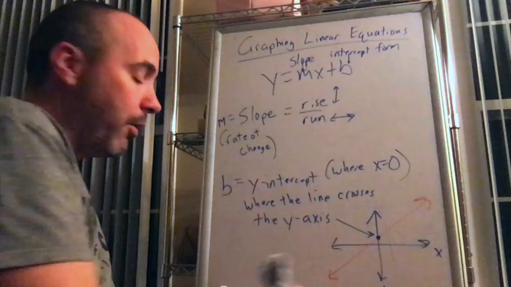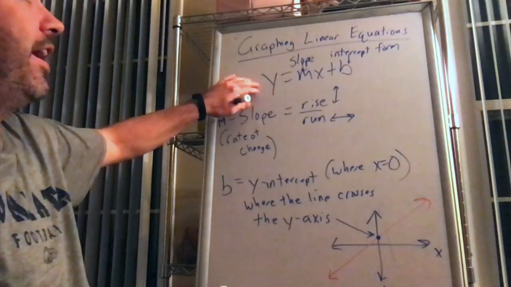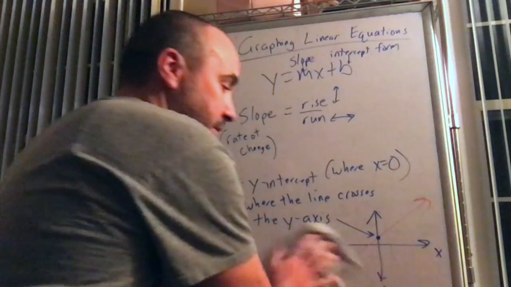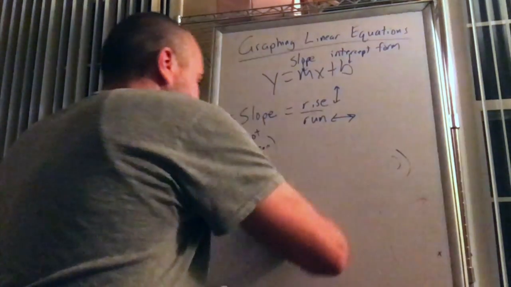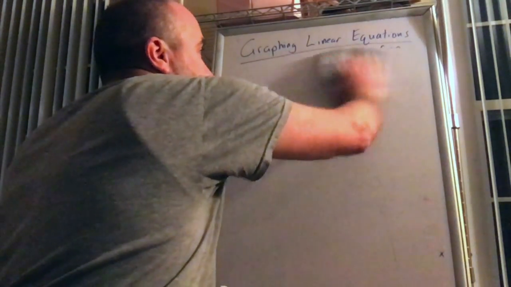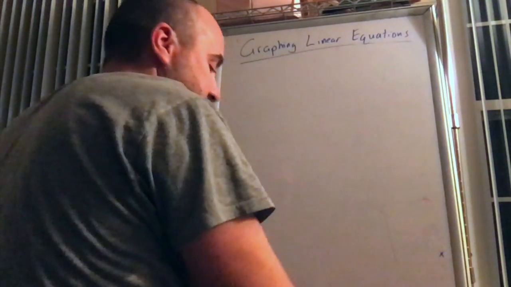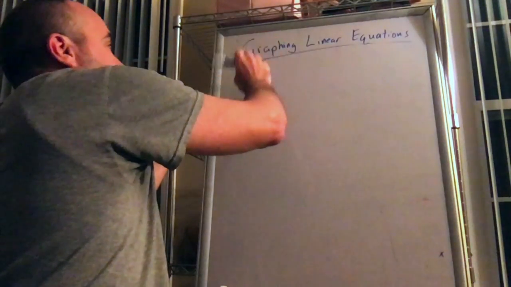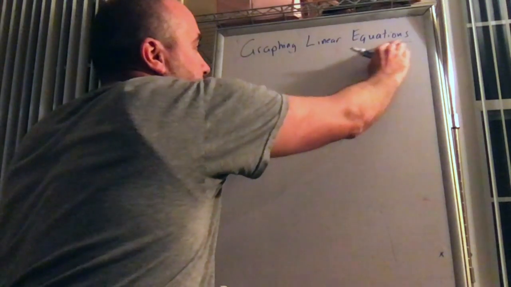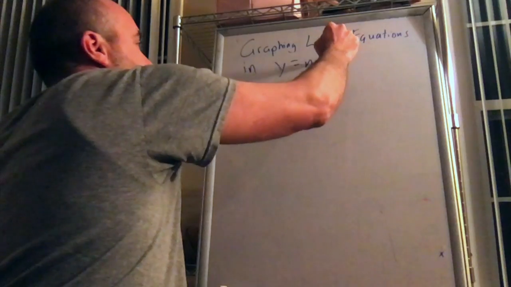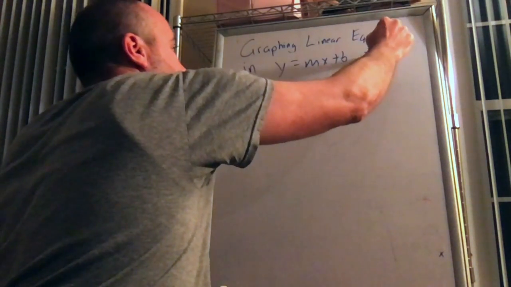Now I want to look at how do we take an equation in slope-intercept form, y equals mx plus b, and actually graph it. And once again, that beginning point, that's really the best thing. All right, so graphing linear equations in y equals mx plus b form.